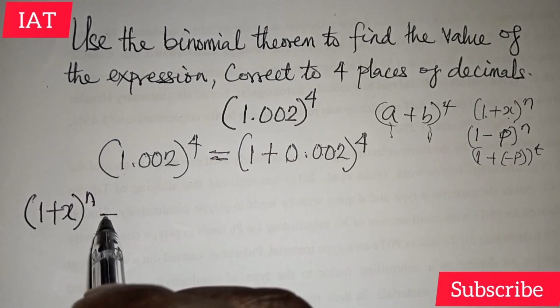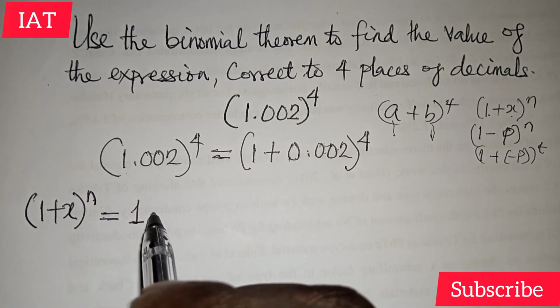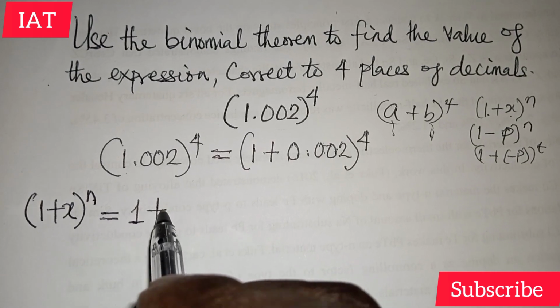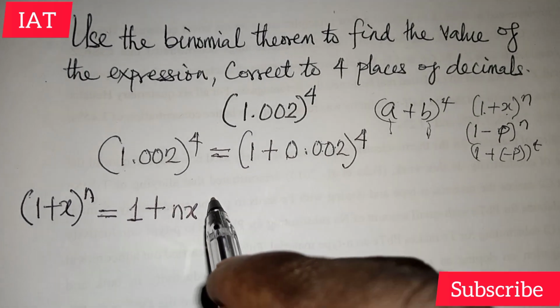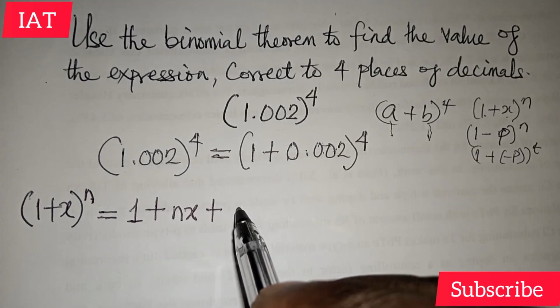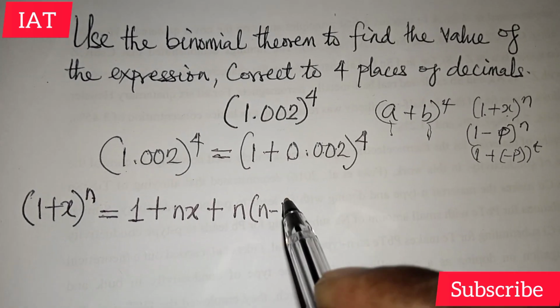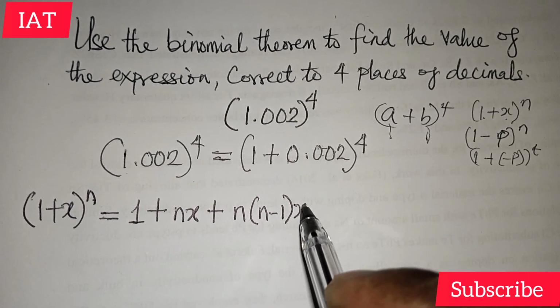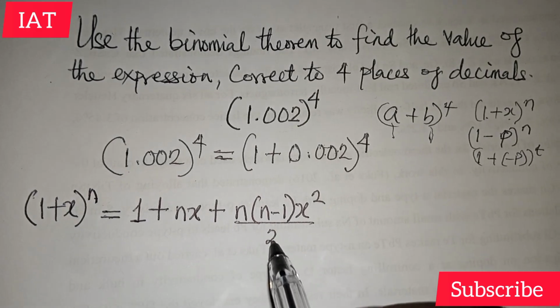1 plus x to the power of n is equal to, you need to start with a term of 1, which is the first term, plus nx, which is the second term, plus you start with other values of n: n into n minus 1, x to the power of 2 over 2 factorial.